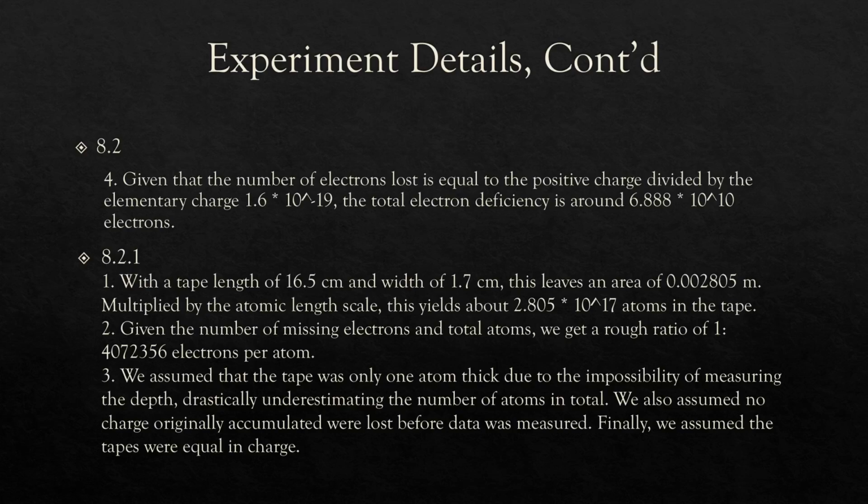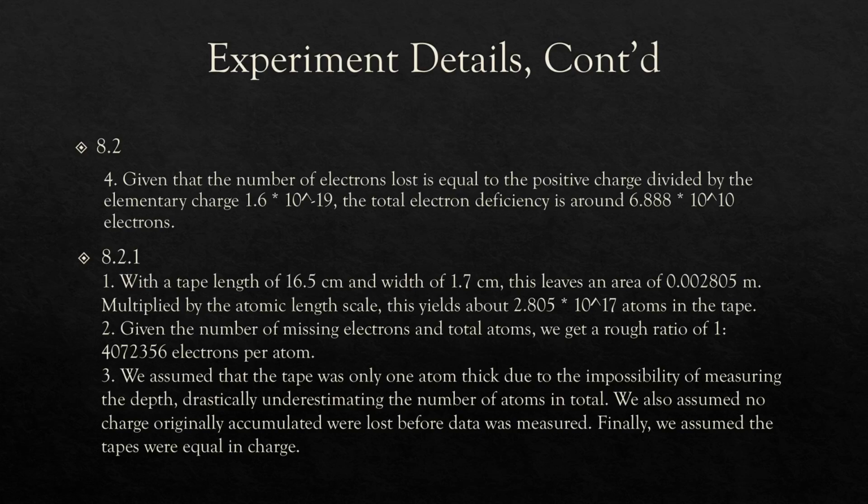Going forwards, we have a bit more. Given that the number of electrons lost is equal to the positive charge divided by the elementary charge, the charge of one single electron, the total electron deficiency was about 6.888 times 10 to the 10th electrons.